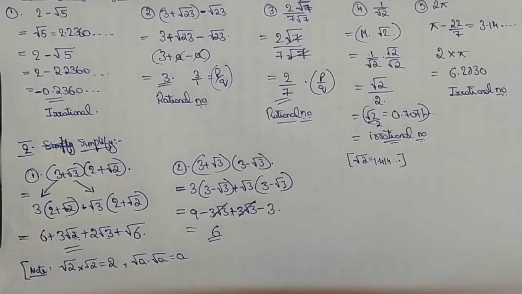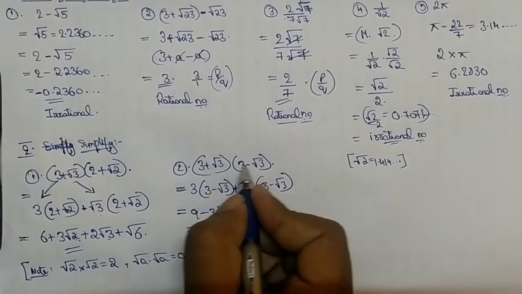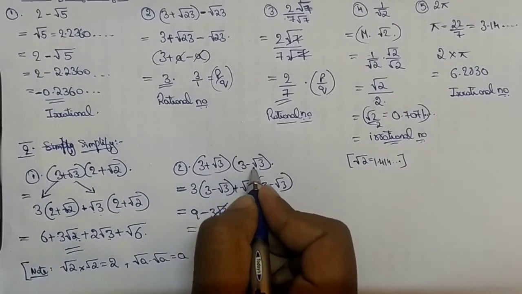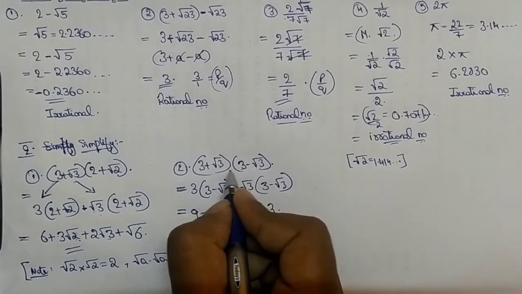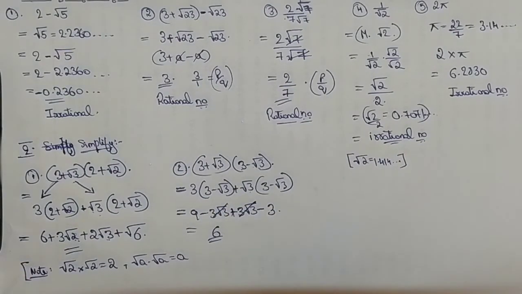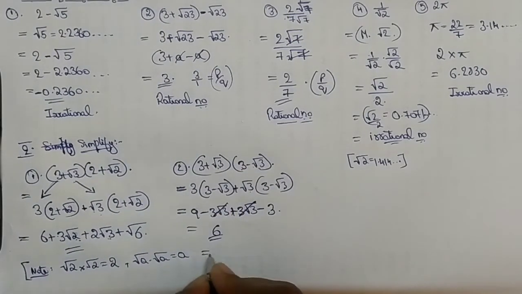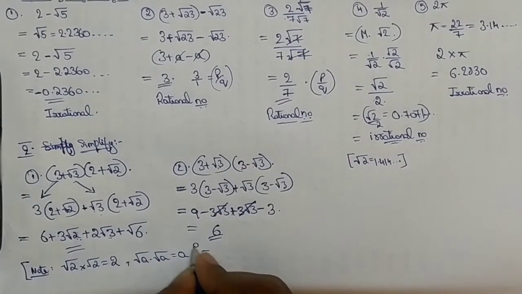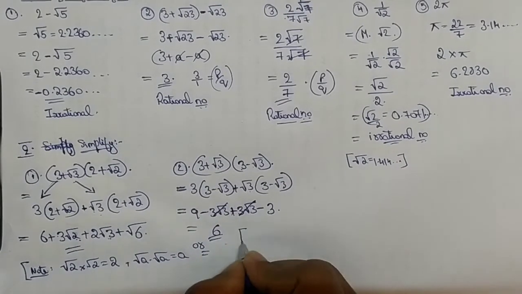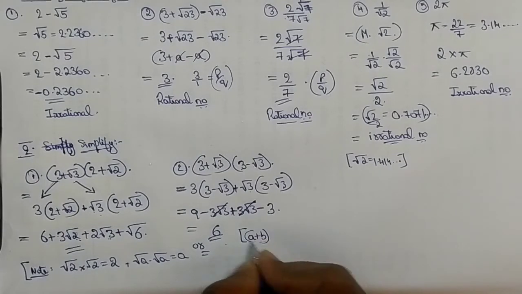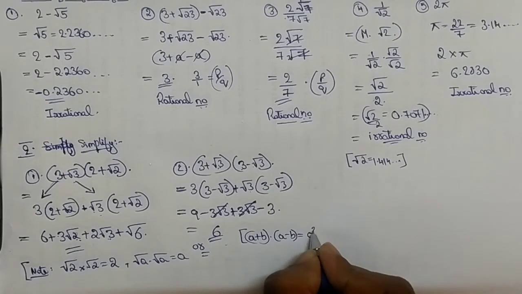See, if you are good with some formulas, you can recognize here itself. This is of the form a plus b into a minus b. A remains the same, this number and this number are the same. If you write with the formula, let me write here, this is of the second type. A plus b into a minus b gives you a square minus b square.